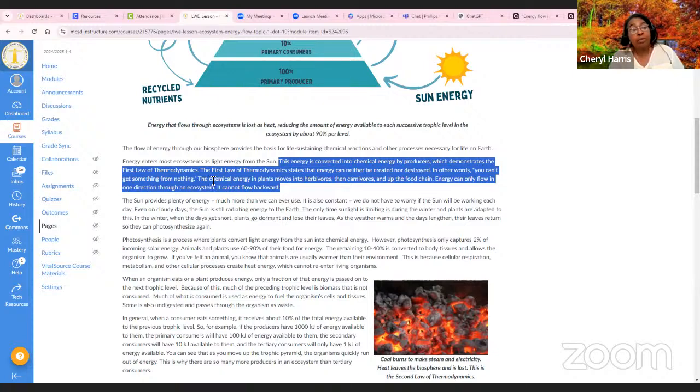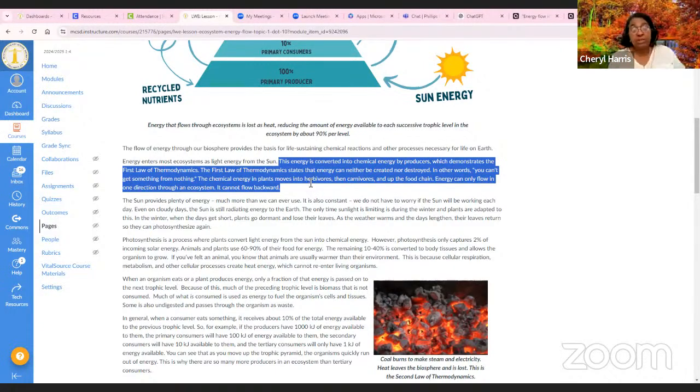So we are able to convert the radiant sunlight energy into chemical bond energy. And then that chemical bond energy is released when we are feeding.